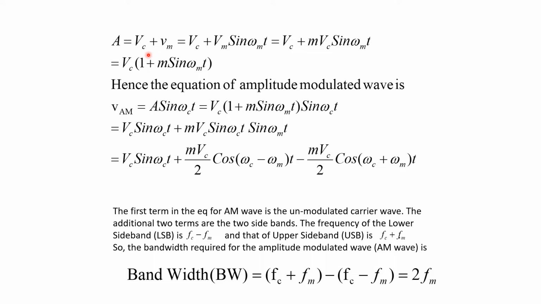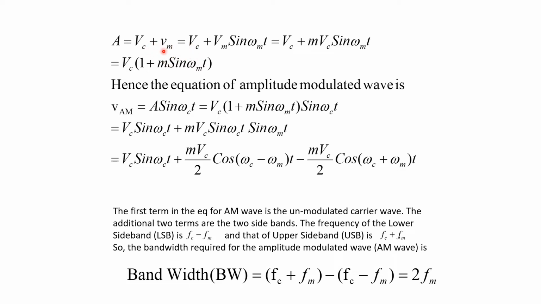Therefore, if you refer to the previous diagram, then the amplitude at a particular instant, that is A, is equal to the carrier wave amplitude, that is Vc, plus the instantaneous value of modulating signal, which is depicted by small vm.